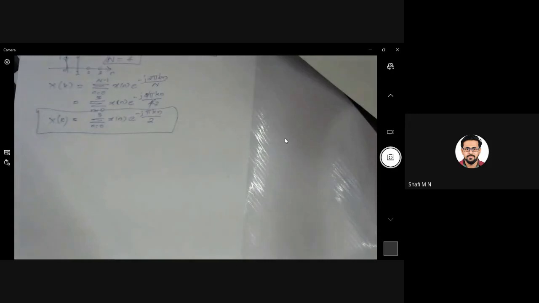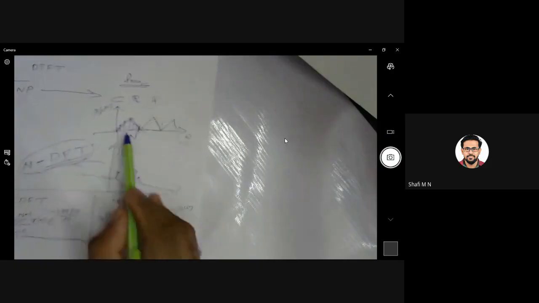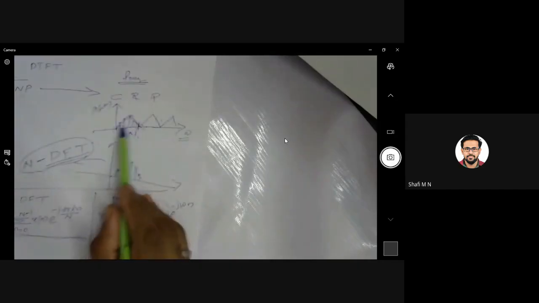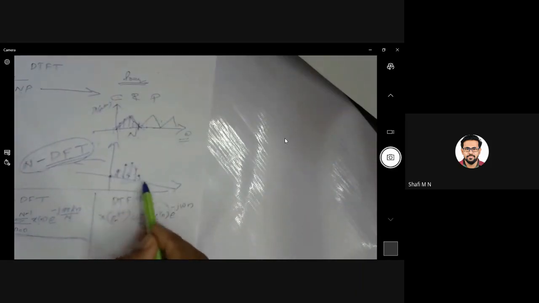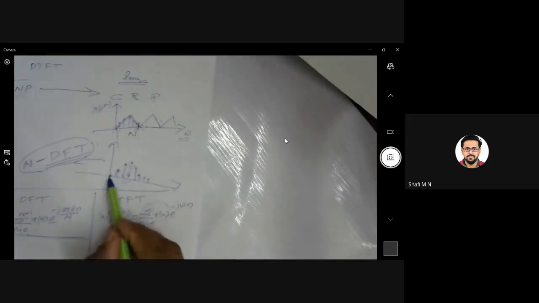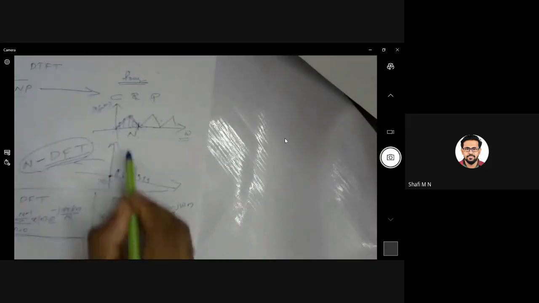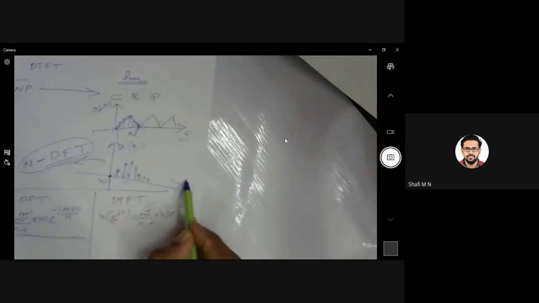Now, one thing, you have to see, you are sampling a DTFT signal. When you are taking n samples, your spectrum will look like this. Here you have say 1, 2, 3, 4, 5, 6, 7, 8. It's an 8-point DFT. The first sample will be referred to as capital X of 0. This is x of k. This is k.